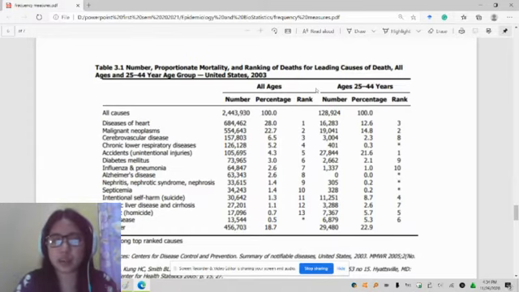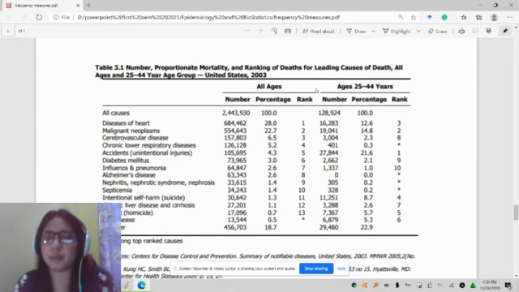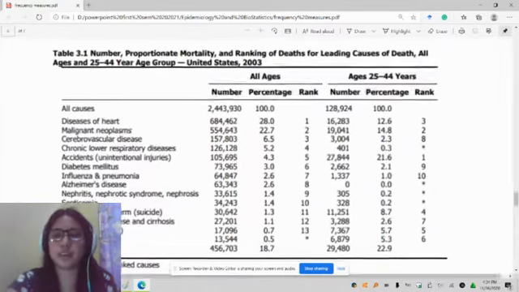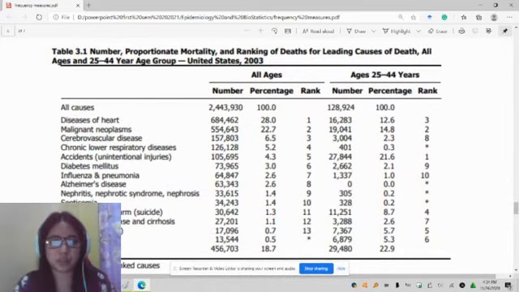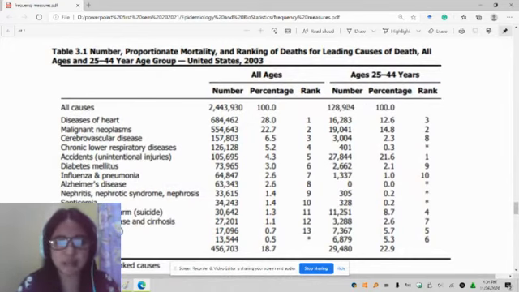So it contains brackets here, or rather categories, which include all ages, and the other one is age 25 to 44 years old. So this is simply all causes, or the sum of all the data here.